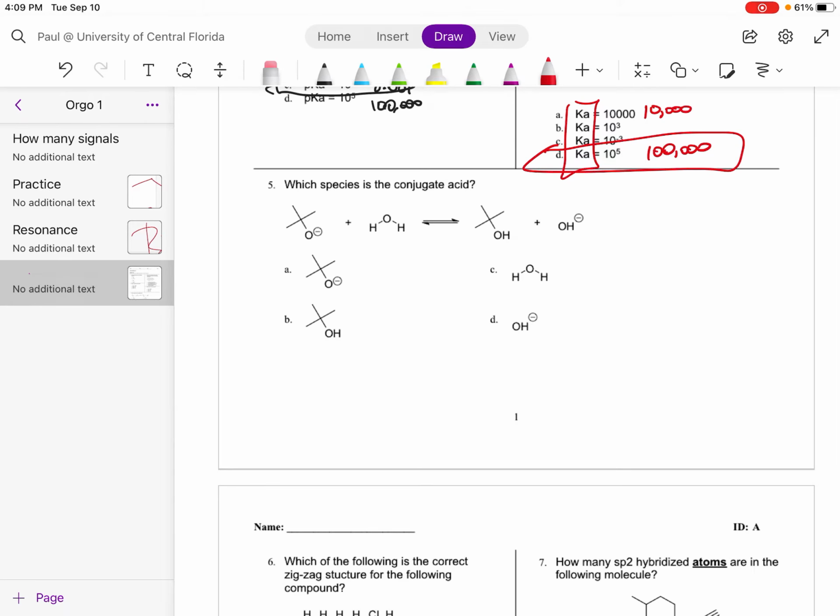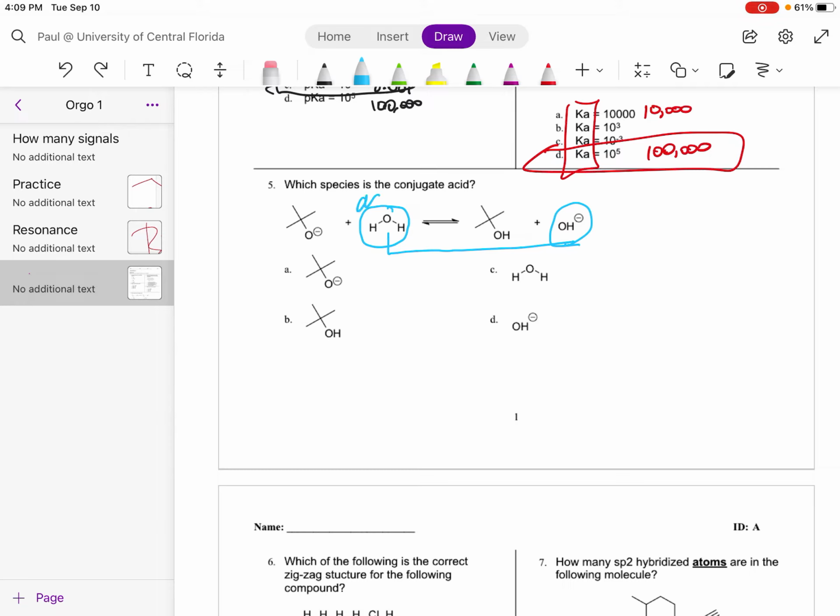Question 5, which species is the conjugate acid? When we take a close look at what's happening, that guy is water, and then what does it get converted to? Hydroxide. So what is this species right here doing? It's donating a proton.